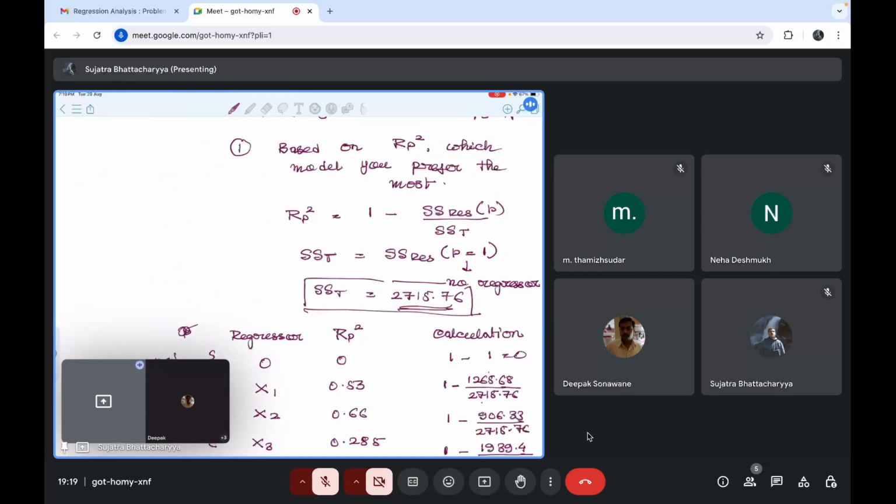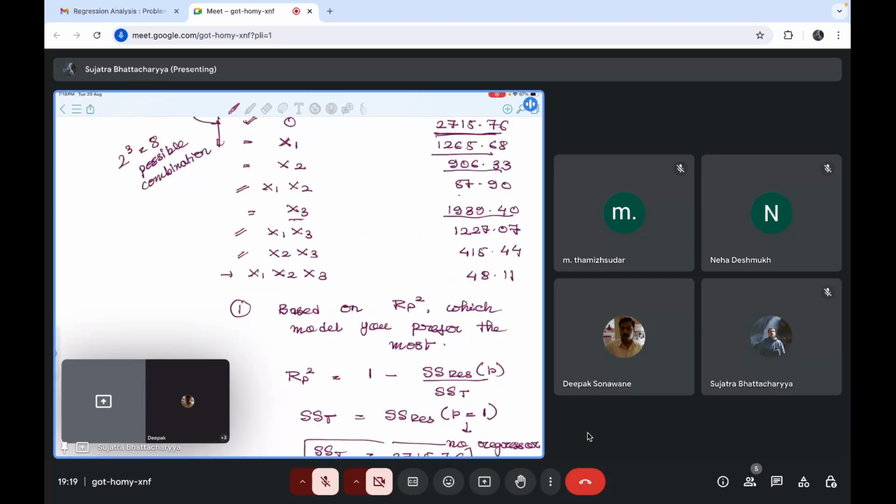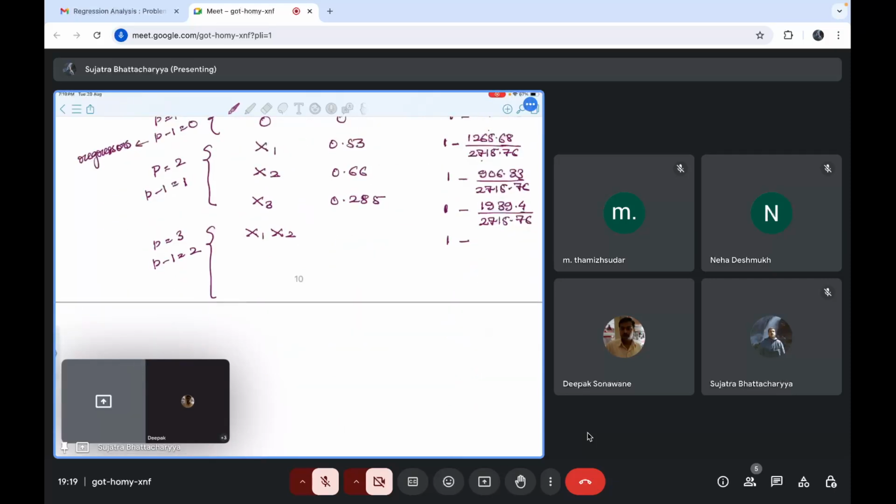So this will be 1 minus the SS residual for X1, X2, which is 57.90, divided by 2715.76. If you calculate it, it comes out to be 0.978. Looks like a good one, right? Next, X1, X3.